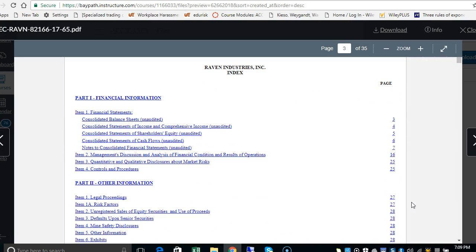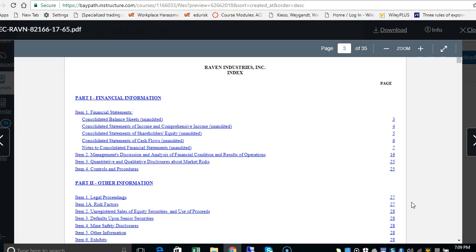So a 10Q starts out with Part 1, financial information. So we get our financial statements: consolidated balance sheet, statement of income and comprehensive income, shareholder equity, statement of cash flow, and notes to consolidated financial statements.